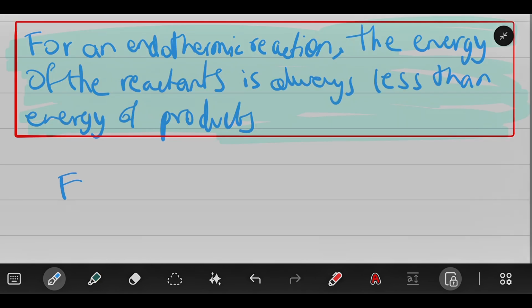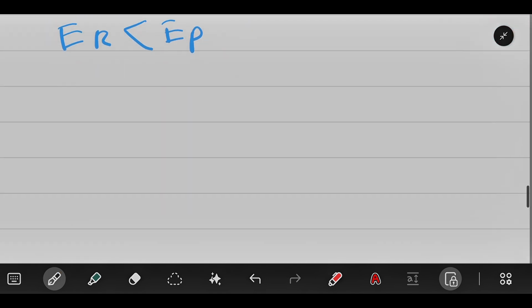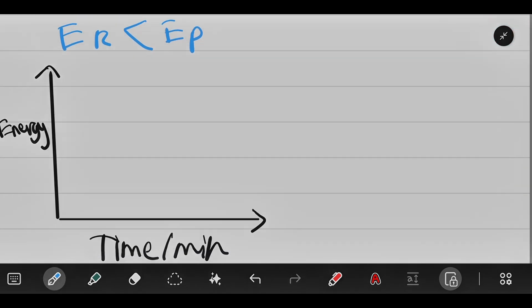Right, so having said that, let's move on to the energy profile diagrams of endothermic reactions. Alright, so we discussed that the energy of the reactants will be less than the products this time. So the products will be somewhere around here and the reactants will be somewhere around here this time.